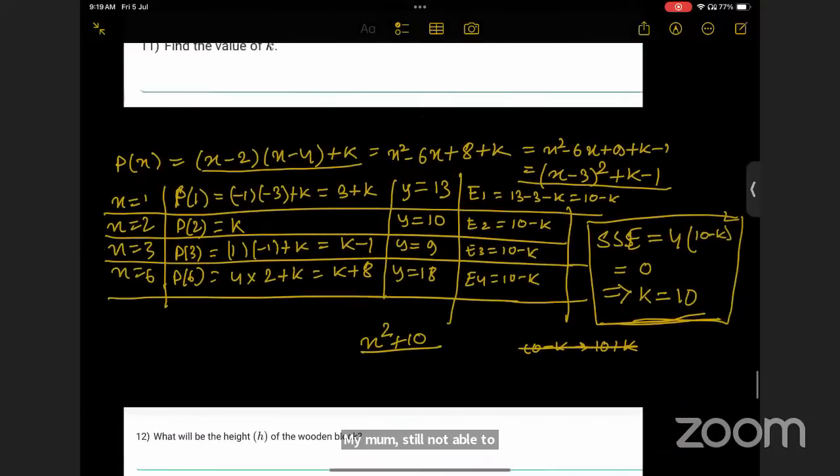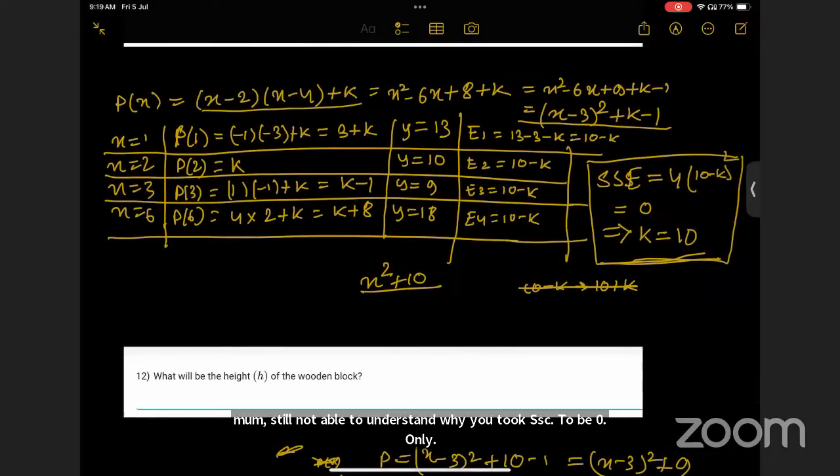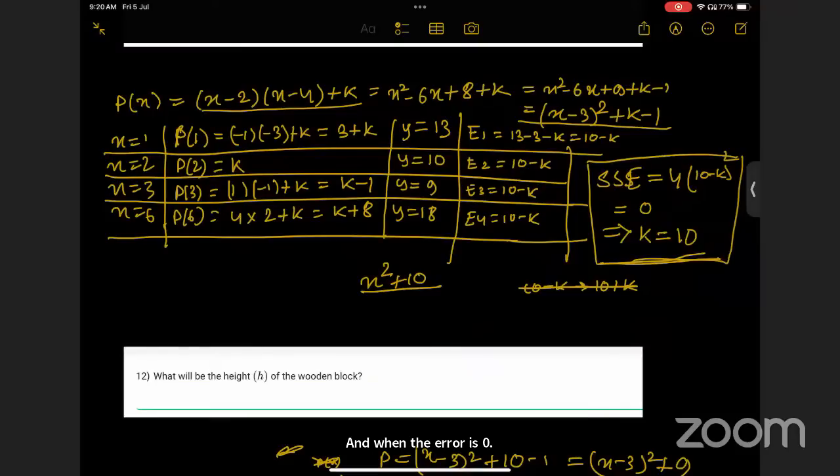Okay. So we need the best fitting, right? And when the error is 0, we will get the best fitting. Suppose you have an exact value and an approximate value, and some unknown constant, and we want to find the value of k for which the error will be lesser.